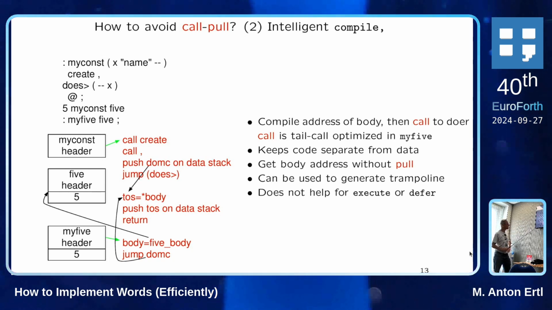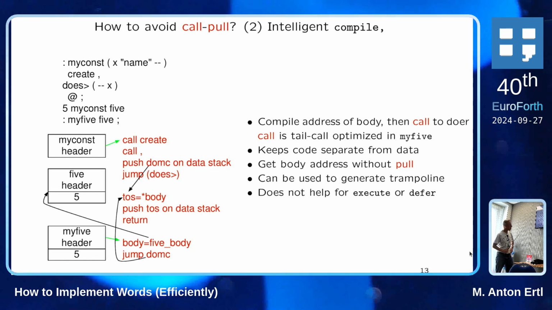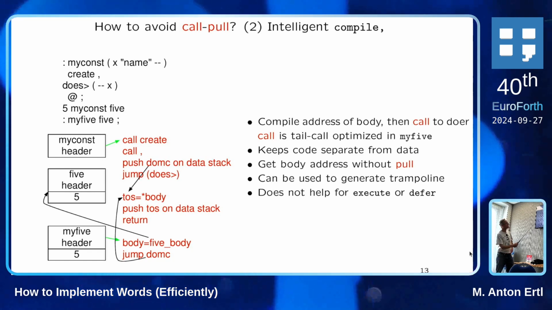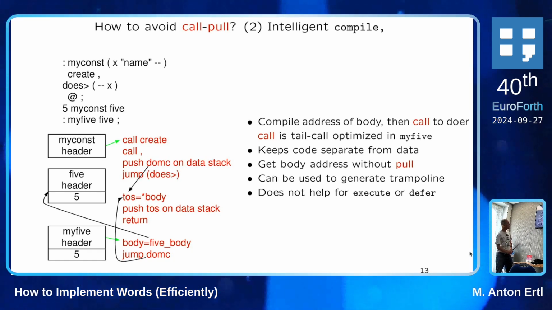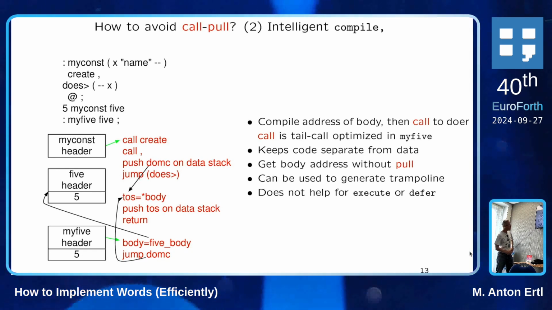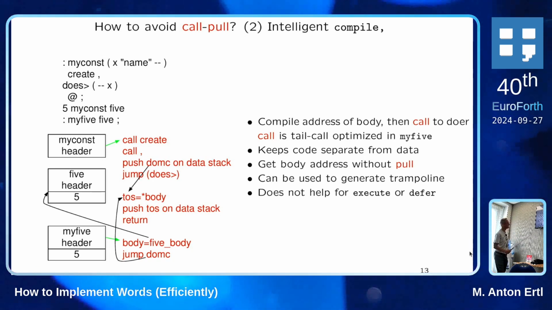What we see the special compiler comma implementation does is it assigns the address of this body to a register called body, and then performs a call to the doer, which is do does. In this case, the call is a tail call and is optimized. So that's why we have a jump here.